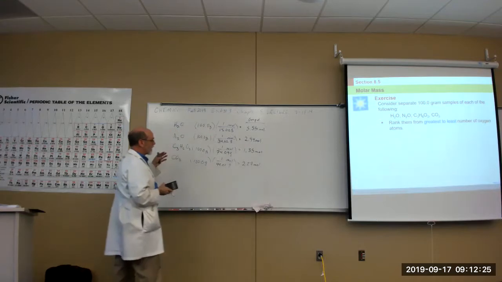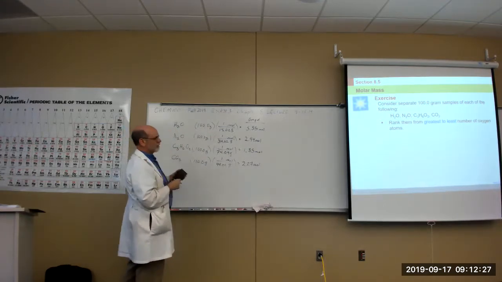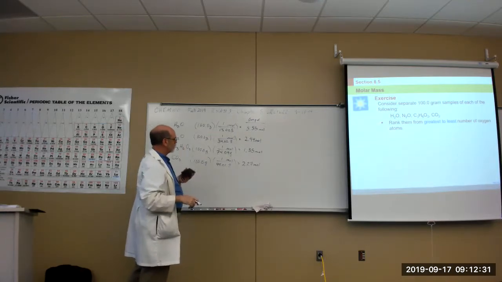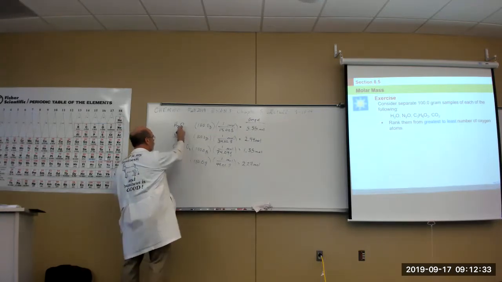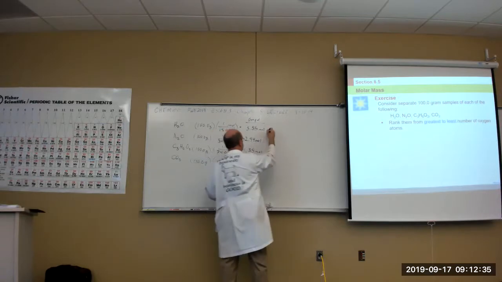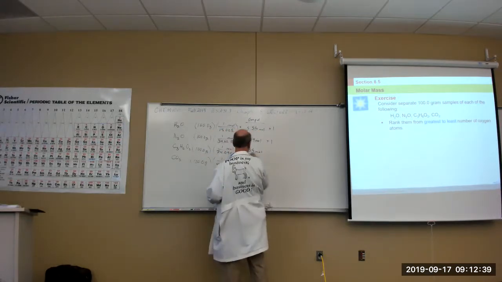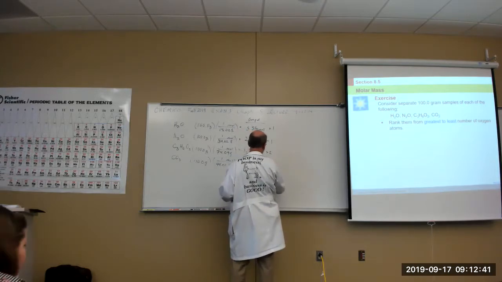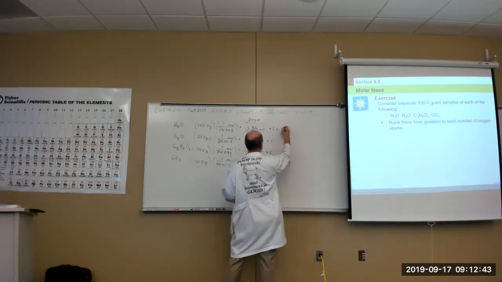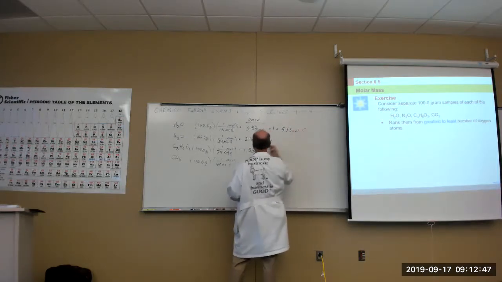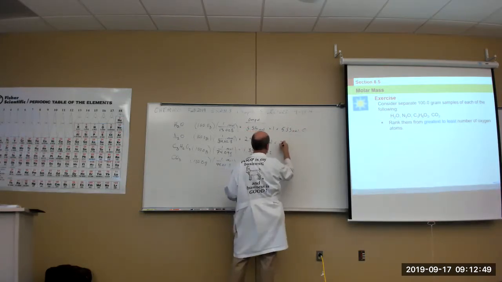Now, for each of the compounds, how many oxygen atoms would there be? How many moles of oxygen for each one? Well, that's 1, and this is 1. This is 2, and that's 2. So this is going to be that one. This one's going to be this one.